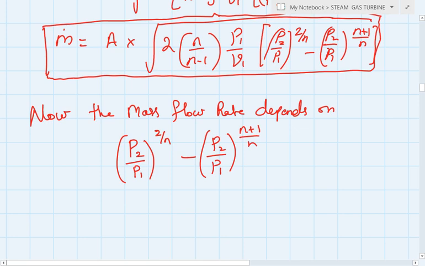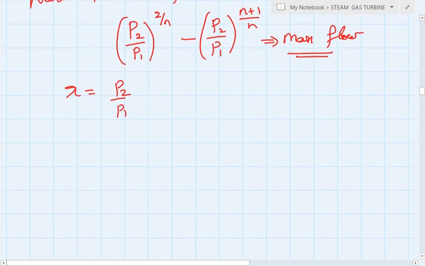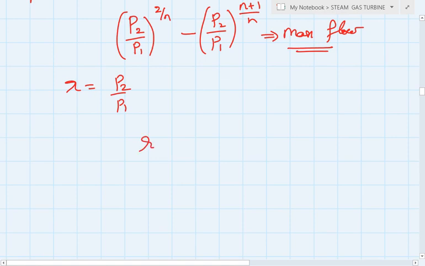So this is the quantity which is influencing the mass flow. So let me consider R equals P2 by P1. Then the equation looks something like this: R to the power of 2 by n minus R to the power of n plus 1 by n.